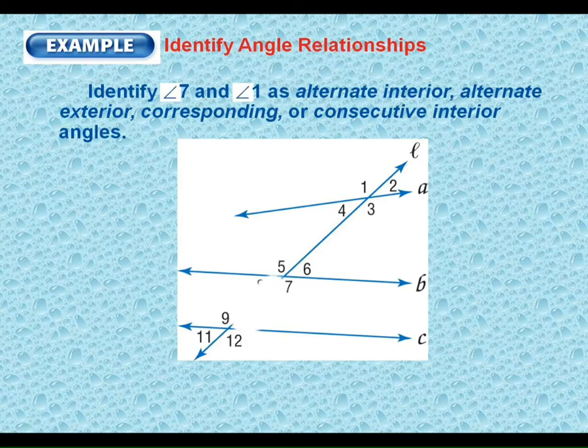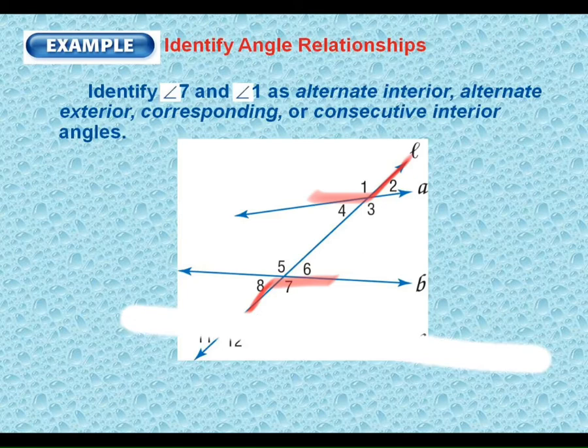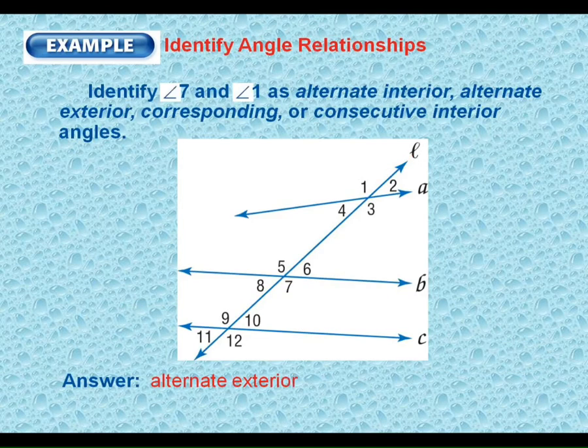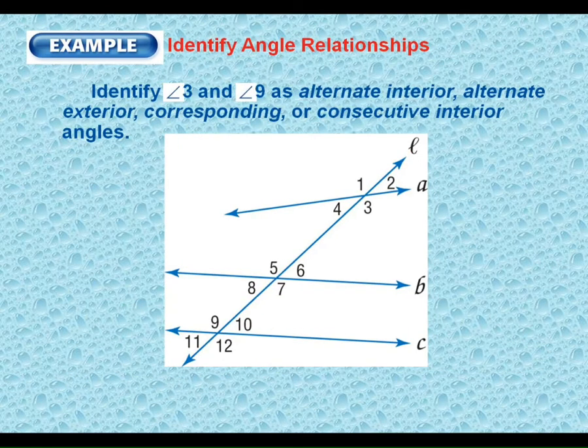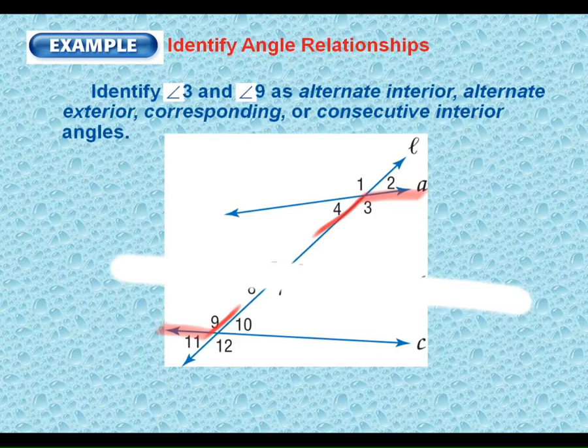7 and 1. Angle 7 is here. Angle 1 is here. Again, that one's not there. Alternate exterior, alternate sides of the transversal, exterior angles. Very good. 3 and 9. 3 is here. 9 is here. Again, that one's not there.